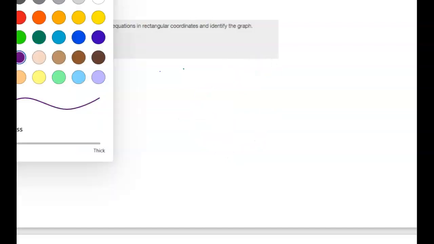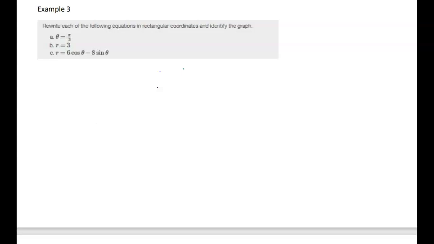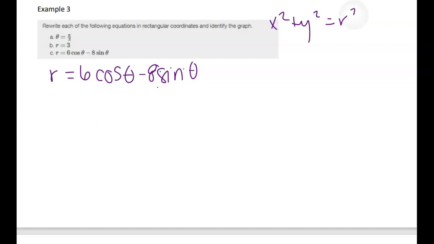All right, our last one here is going to take a little bit of some mathemagic, okay? So if I had r equals 6 cosine theta minus 8 sine theta. Now remember that we know x squared plus y squared equals r squared.